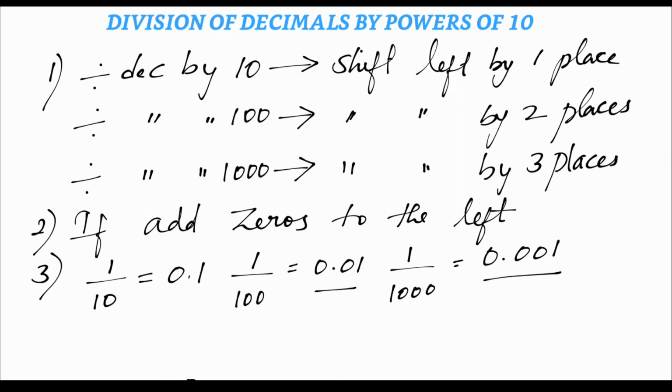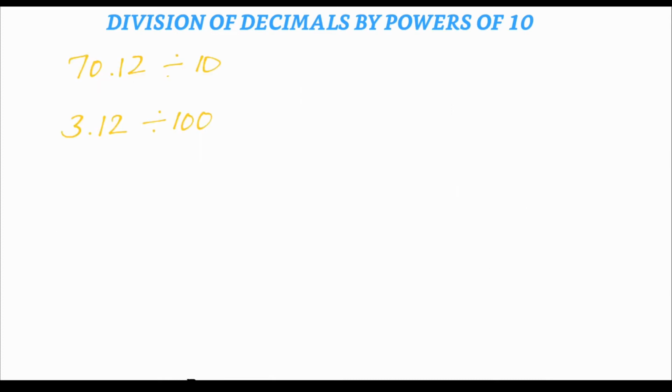Now let's see an example. Here we have 2 examples. First one, 70.12. When you divide it by 10, you have to shift the decimal point to the left by 1 place. So our answer will be 7.012.